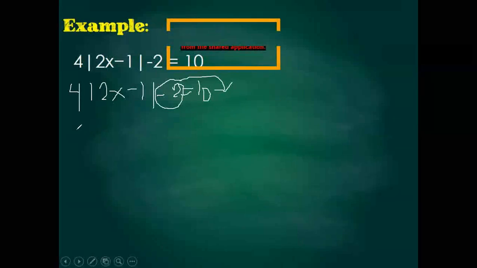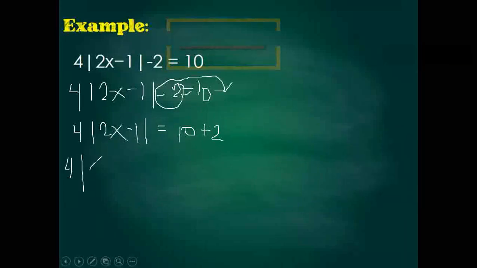It will be 4 absolute value of 2x minus 1 equals 10 plus 2. Right? So it will become 4 absolute value of 2x minus 1 equals 12.